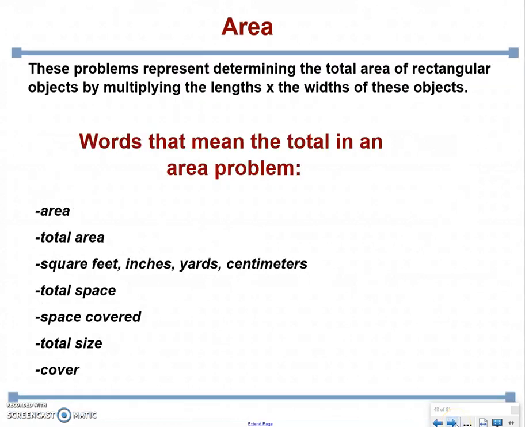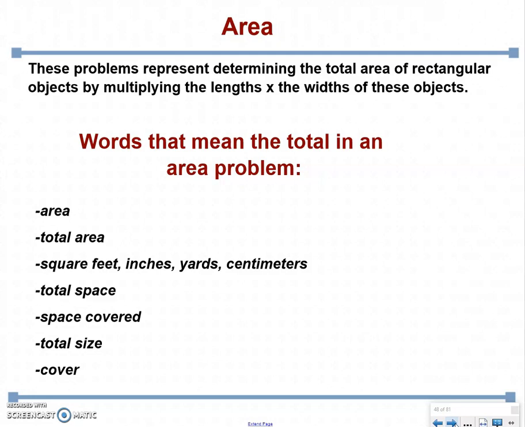There are some different words that can mean total in an area problem. Sometimes they actually use the word area. The problem might ask you what is the area of whatever the item is. Sometimes it might say total area, but also sometimes they're a little bit trickier. It could say how many square feet or square inches or square yards or square centimeters. When it's asking you for how many square units, it's asking you what the area is.